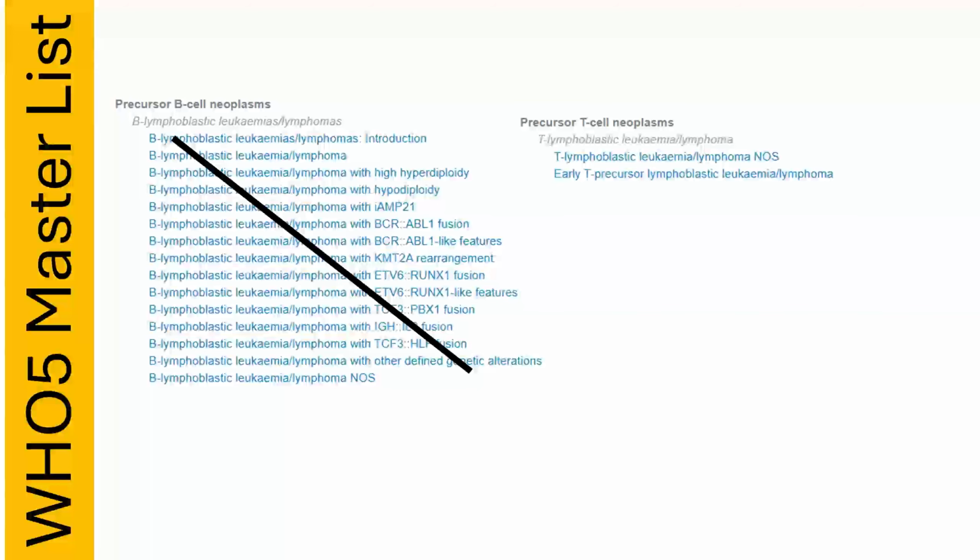Now we turn our attention to the precursor T cell neoplasms. In this case, there are only two choices: T lymphoblastic leukemia, lymphoma NOS, and early T precursor lymphoblastic leukemia lymphoma, or ETP-ALL for short.